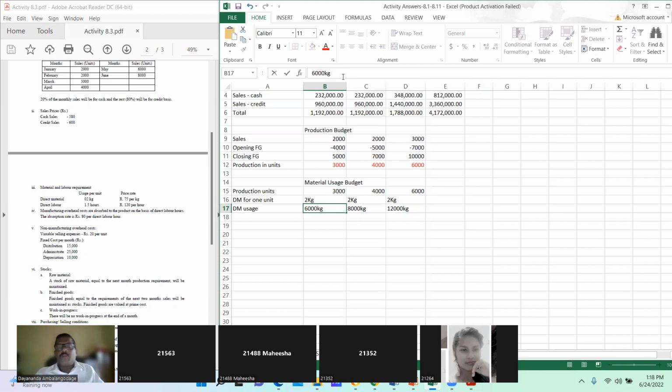So the production manager should have this much material in January, February and March, to meet the production line. Then we can prepare the purchases budget.